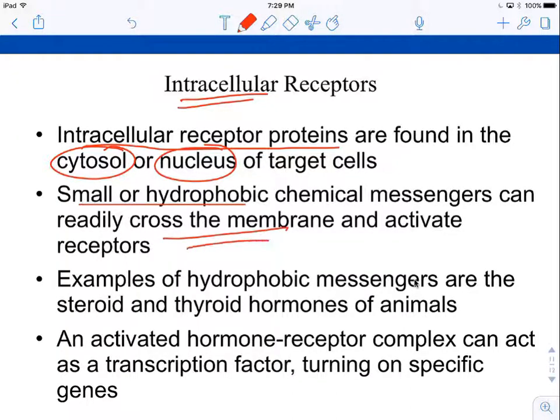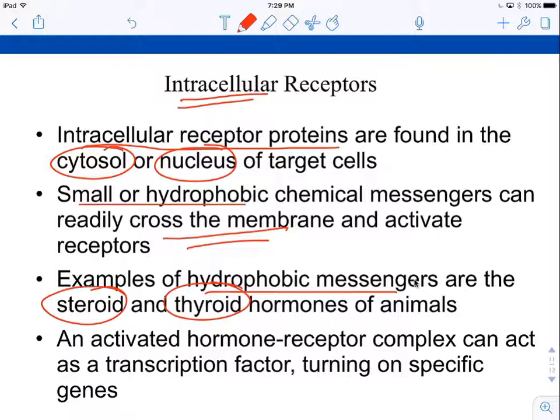The whole point of receiving a signal is to get that signal into the cell, and so the receptors translate it across the membrane. But if you have a small or hydrophobic ligand, they can cross the membrane themselves and get their message into the cell. Examples of hydrophobic messengers are steroid hormones and thyroid hormones in animals.